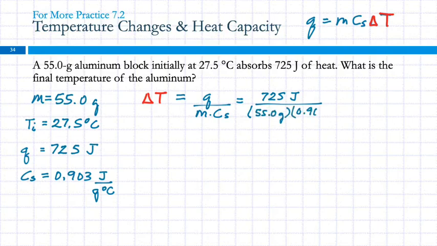Specific heat capacity 0.903 joules per gram degrees Celsius. Do we have some units cancel out here? Yeah, we do. So the joules are going to cancel, and the grams are going to cancel. And I'm going to end up with 1 over degrees Celsius, which is going to give me units of degrees Celsius, which is good because I'm trying to find the temperature. 725 divided by 55 divided by 0.903.